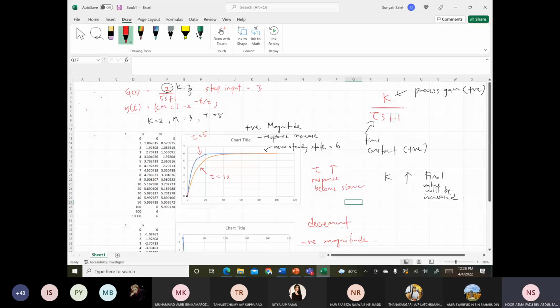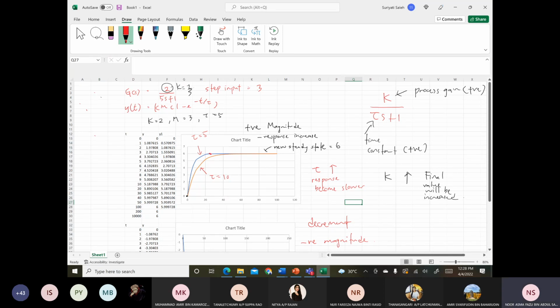So when the response becomes slower, it means that compared to tau equal to 5, the response in the orange color is reacting slowly, at a slower rate, compared to the blue one. The blue one reaches the final value around this point.